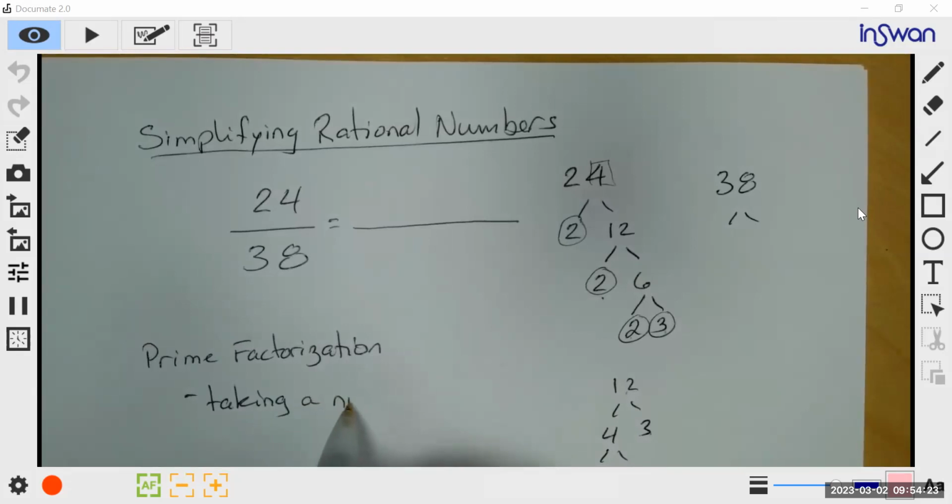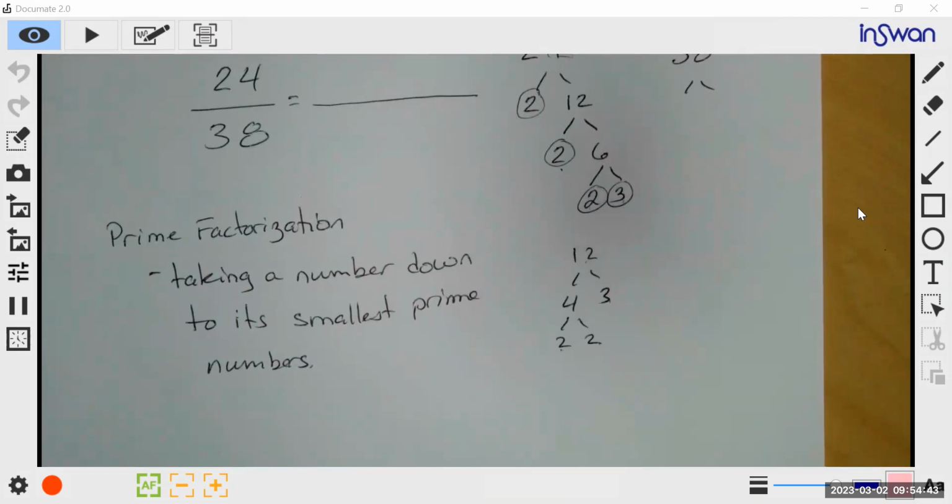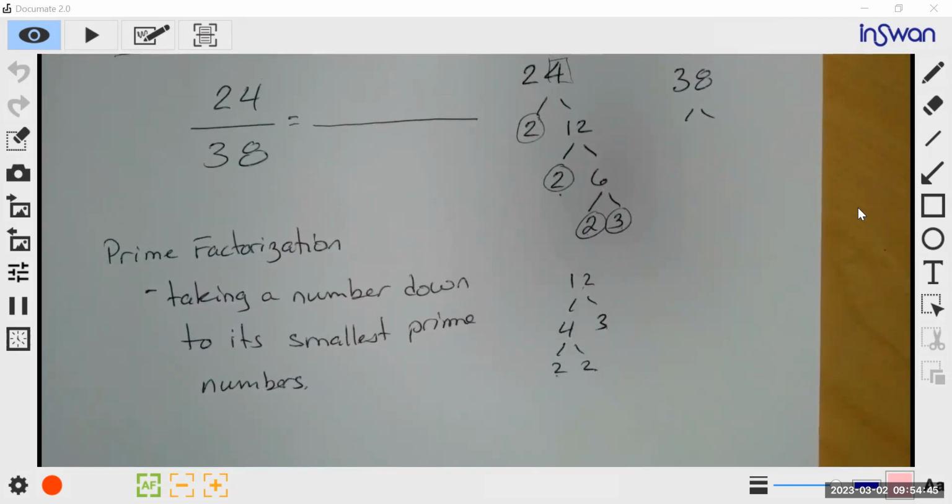Taking a number down to its smallest prime numbers. Remember what a prime number is?